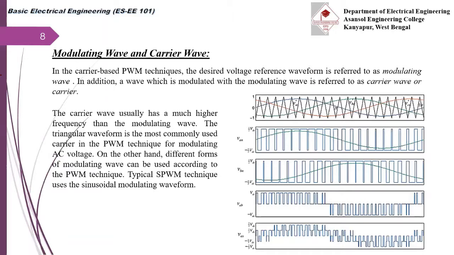Next is the modulating wave and the carrier wave. In the carrier-based pulse width modulation technique, the desired voltage reference waveform is referred to as the modulating wave. In addition, a wave which is modulated with the modulating wave is referred to as the carrier wave or a carrier.